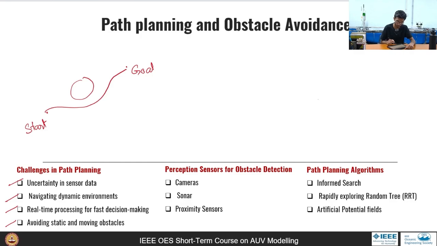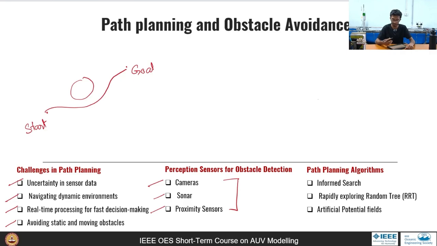We also have various sensors which allow us to do obstacle detection, as we discussed in the perception module. The information from these sensors needs to be combined, and we need to know the location of the obstacles with respect to the AUV's location at any given point in time. This will allow the AUV to successfully plan its path to reach its desired goal location.